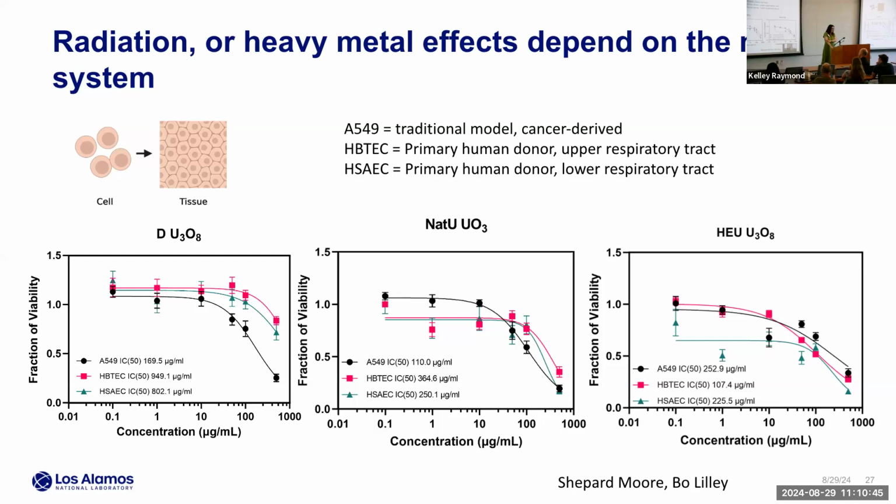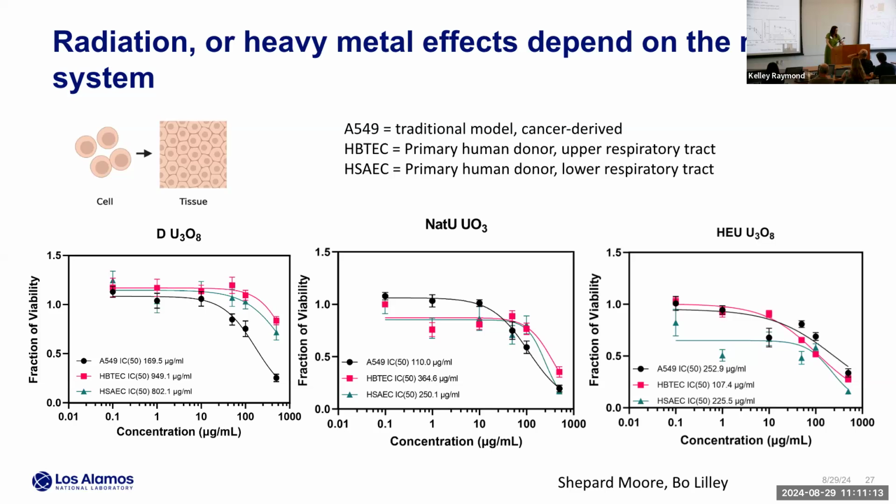We found that the IC50, or the effective concentrations, of different types of uranium, be they depleted uranium, which doesn't have a lot of alpha emission, all the way up to highly enriched uranium, changed quite a bit depending on what cell type you put in there.